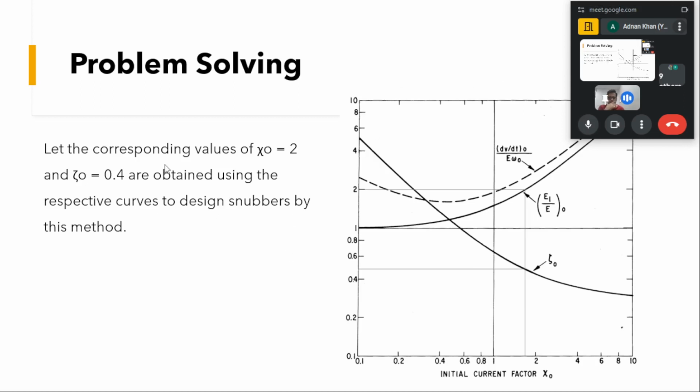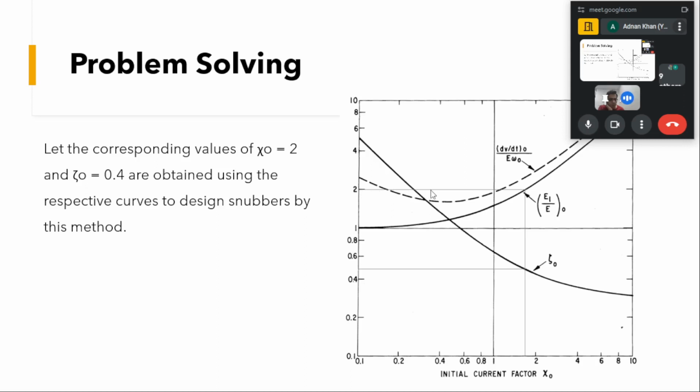Now, for subsequent questions we may require the values of chi and xi. It says let the corresponding value of chi naught be 2 and xi naught be equal to 0.4, obtained using the respective curves to design this. What is given is that E1 by E is to be limited to 2.